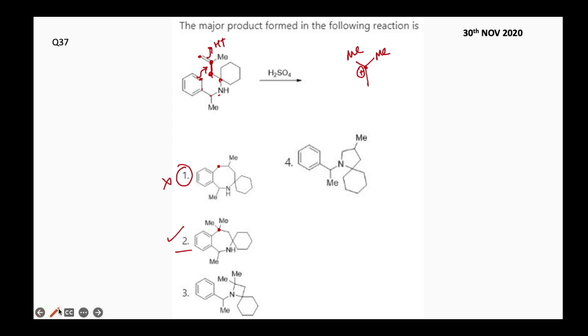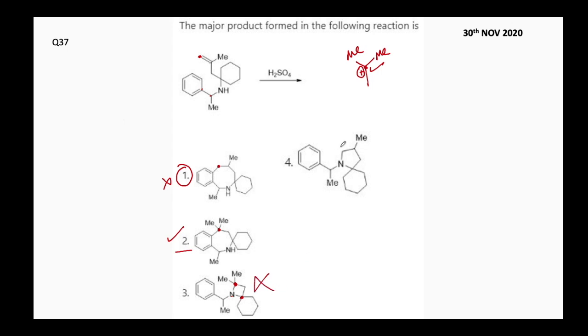In the other option, you see that it is making very little sense. Why? Because the nitrogen, when it attacks on this carbon which has actually formed a carbocation, is going to form a very small ring, and that also a spiro small ring. This is not possible.